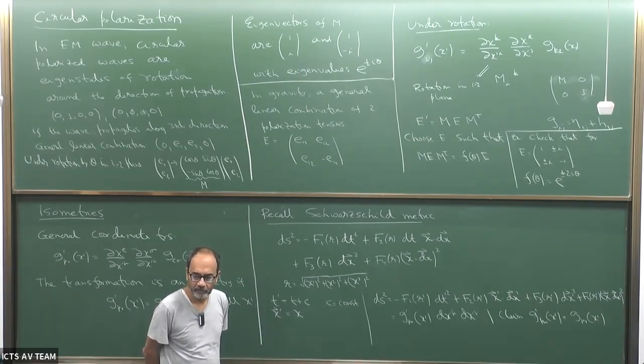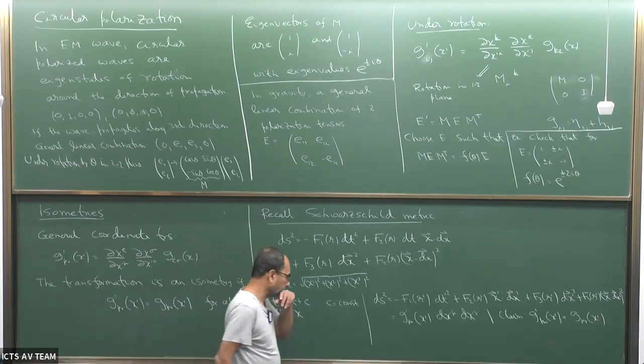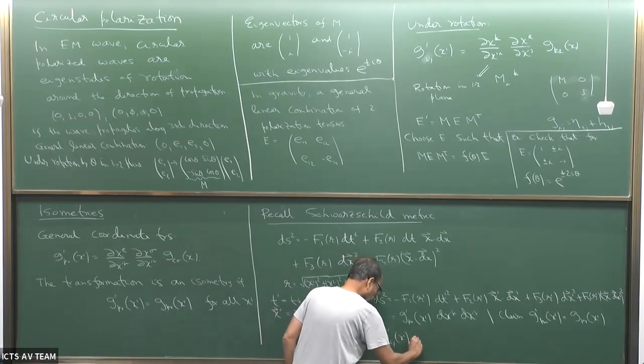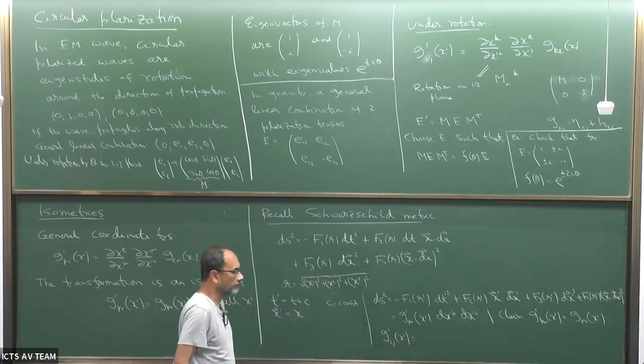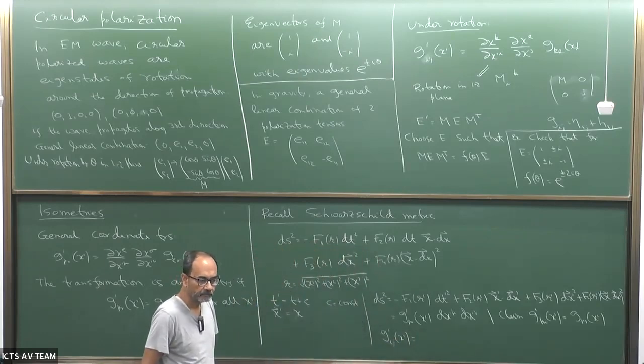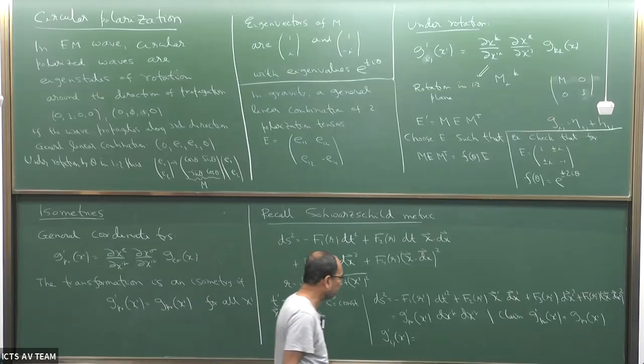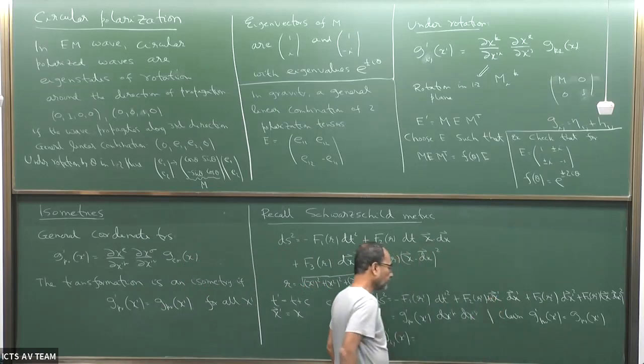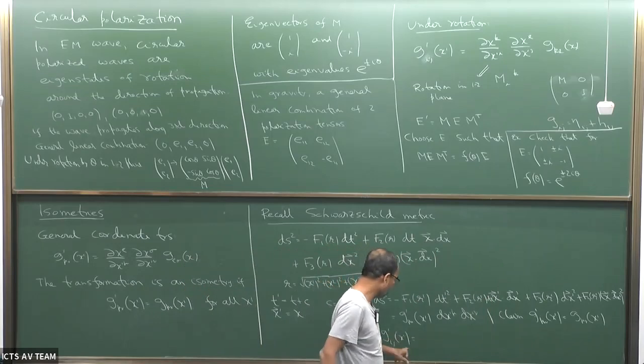True or not true? True. Let's just check one, g prime ij of x prime. Something is wrong here, I think there's a dt prime here. Yeah, dt prime, thank you. Anyway, this doesn't matter. So what is g prime ij of x prime?